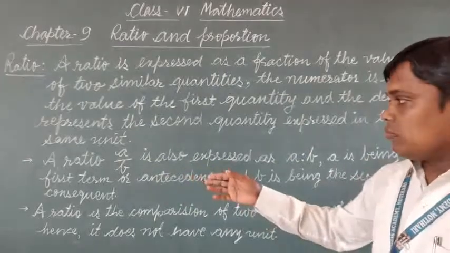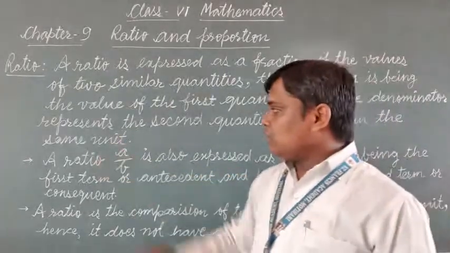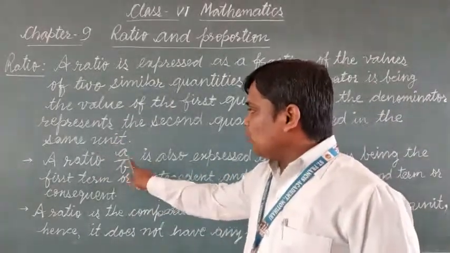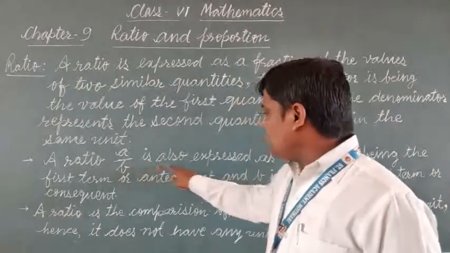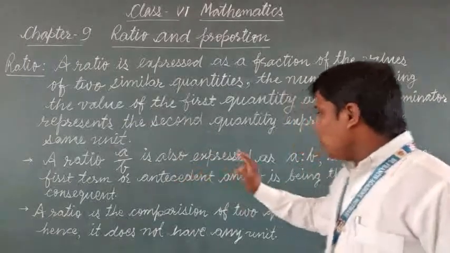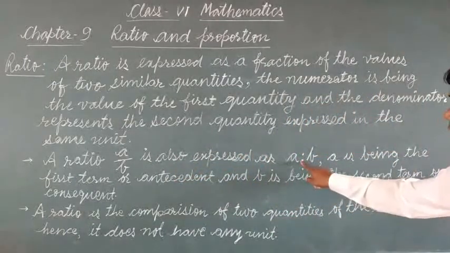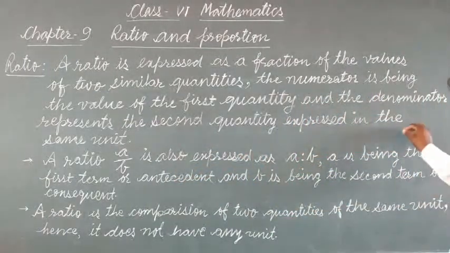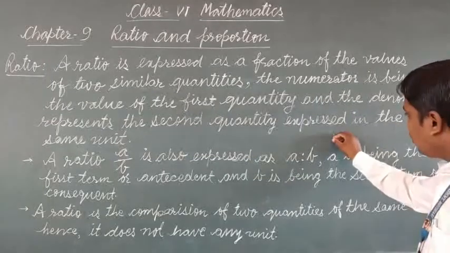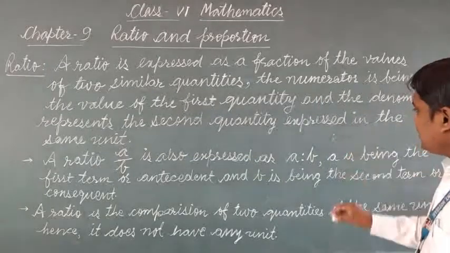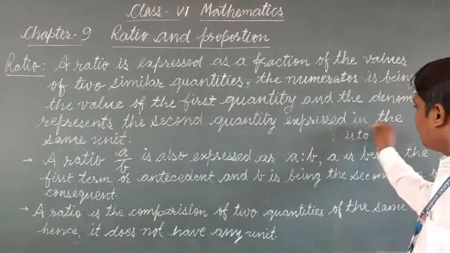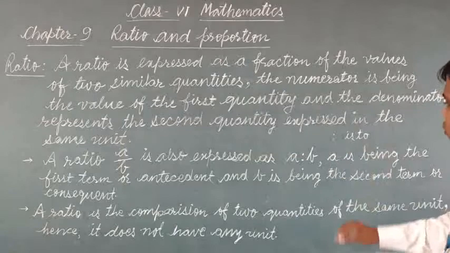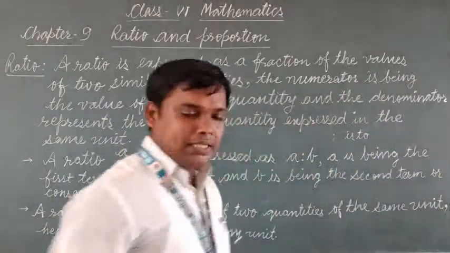Let us come to know more about ratio. A ratio A by B, where A is the numerator and B is the denominator, is also expressed as A is to B. This colon is read as 'is to'.